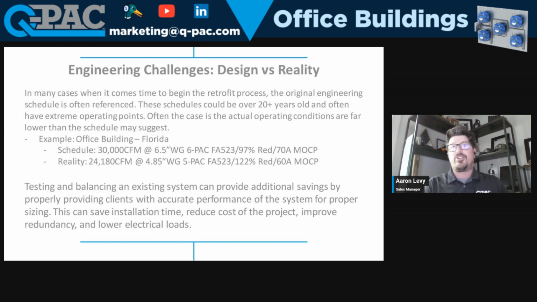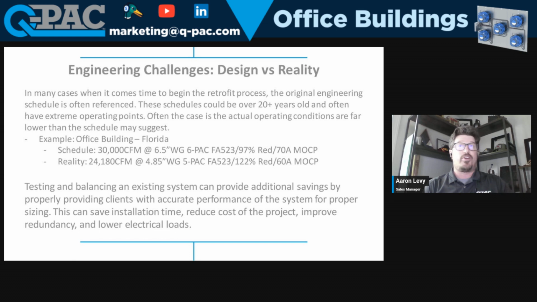A lot of these engineers, and there's nothing against the architect or anybody else, when they're designing a building, are doing load calculations on CFM, static pressure, or square footage versus how much tonnage you need, and then extrapolating it out. They can't really miss a target, because you don't want to under design a system, so they tend to over design a system. A lot of those things will come up when we talk about retrofitting.